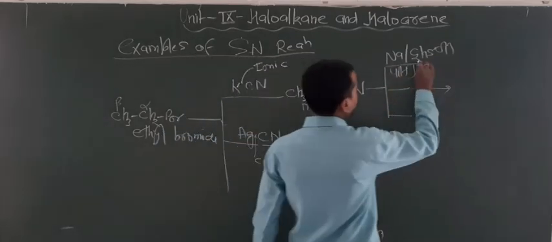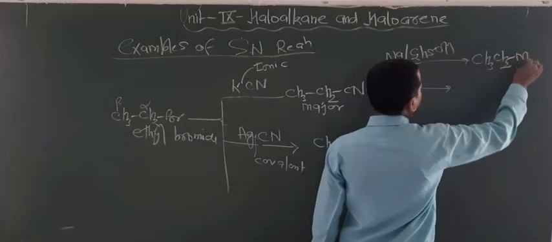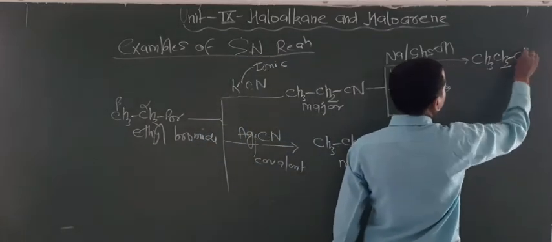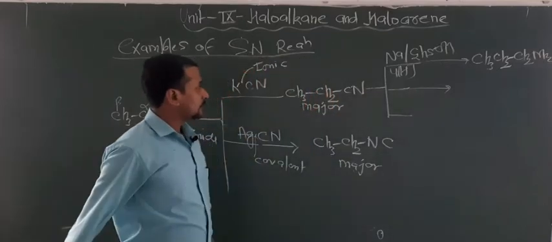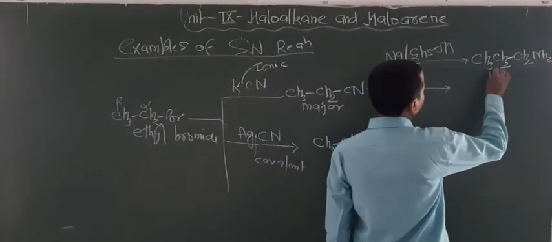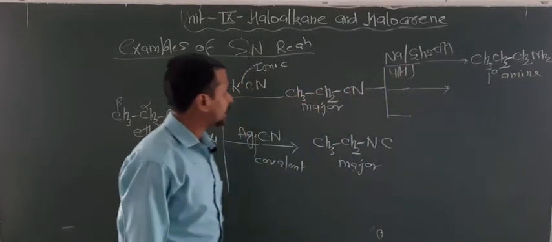By this way it can convert into CH3CH2CH2NH2. This contains a triple bond, so that's why this gives a 1 degree amine. So a 1 degree amine can be prepared by this.